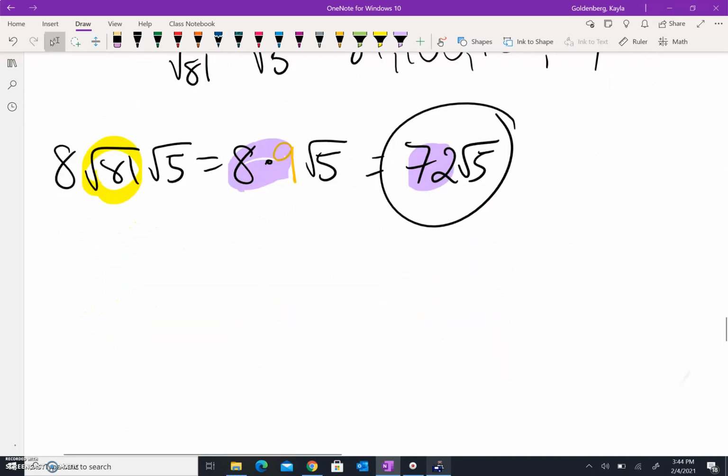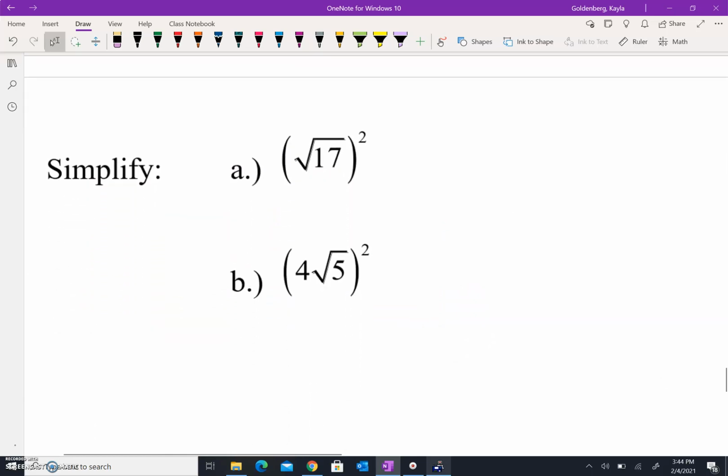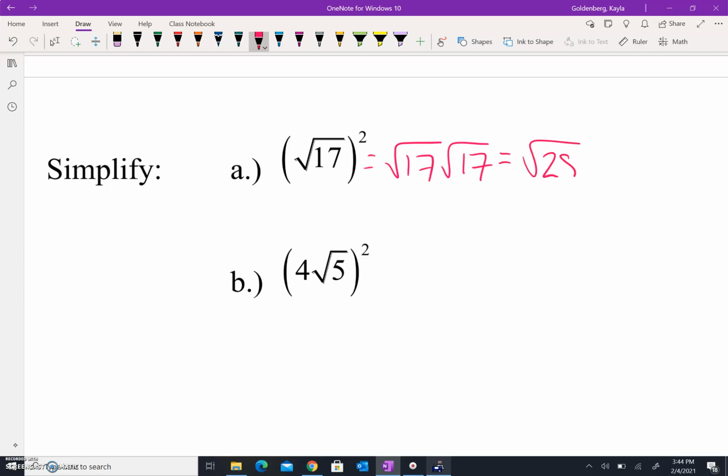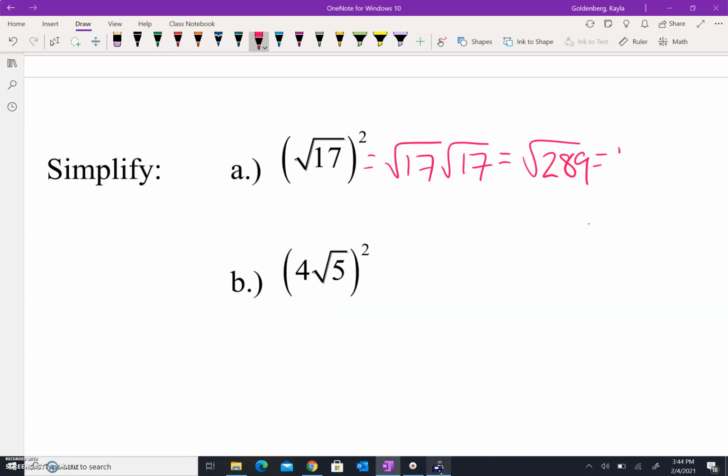The final one that I want to show you is what happens if I square the square root of 17. It's kind of weird to think about, right? If I put them back together, we've been breaking them apart, but if I put them back together, 17 and 17 make 289. The square root of 289 is 17.